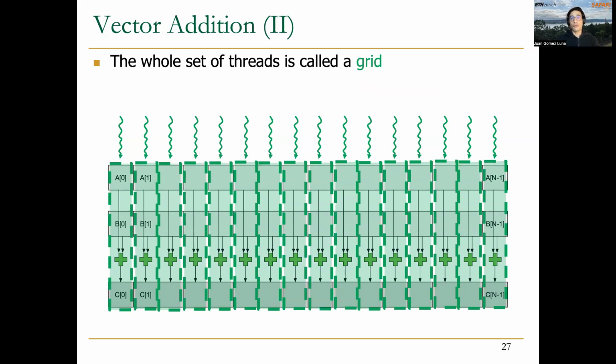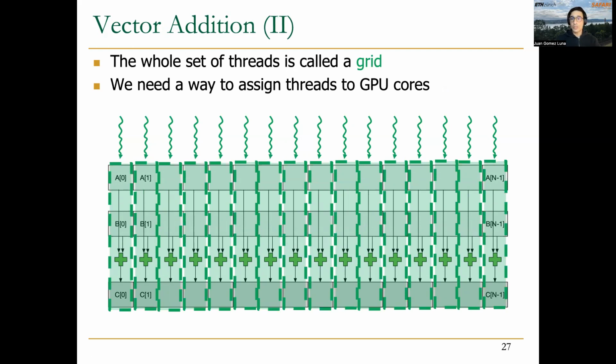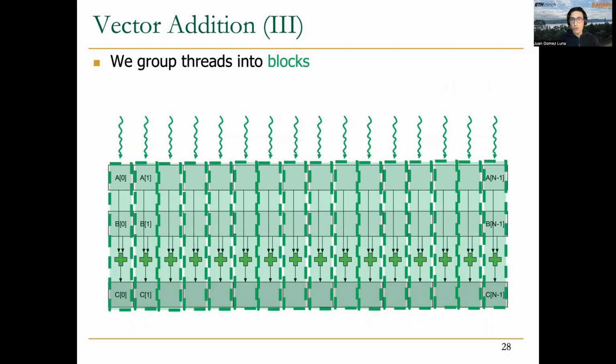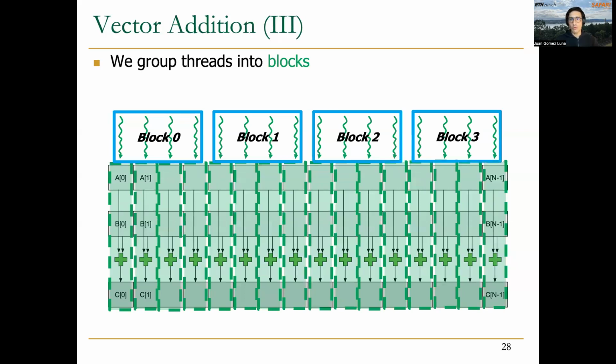This whole set of threads, as I said earlier, is called the grid, but we need a way to assign these threads to the GPU cores. We have a number of GPU cores that, by the way, can vary from GPU to GPU. So what we do is group the threads into thread blocks. So these 4 threads are block 0, block 1, block 2, and block 3.